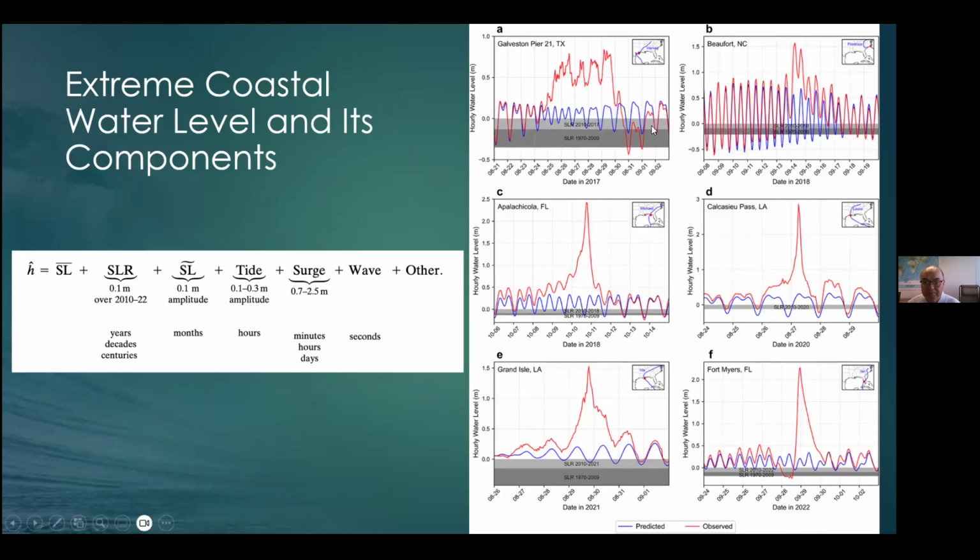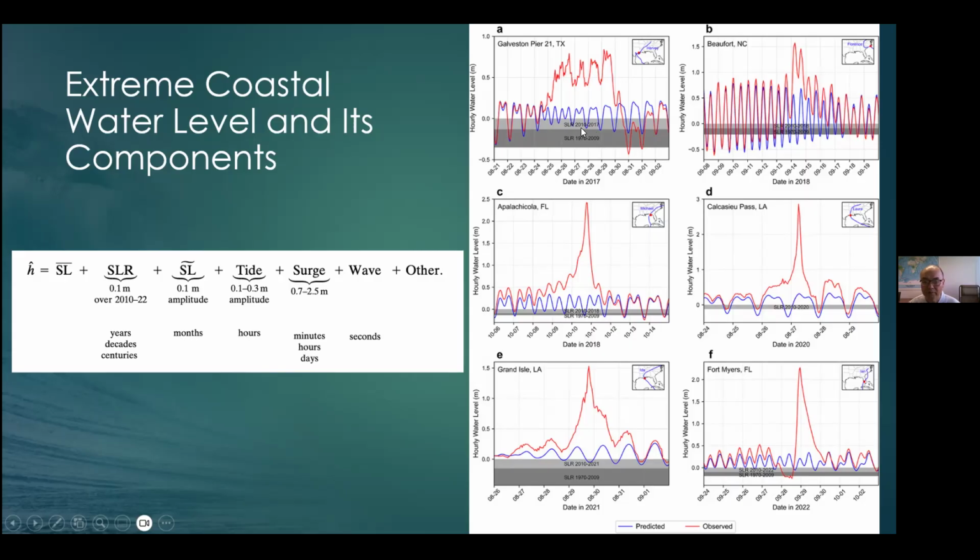So the red curve is the observed hourly sea level, and the blue curve is the predicted tidal cycle. So you see the shading area is the sea level rise for 1970 to 2009, and also for 2010 to since 2010.